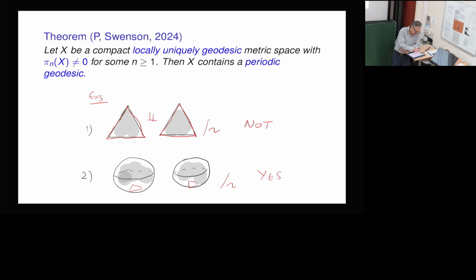This point gives a problem, right? While if I make my triangles part of a sphere and I identify them, then this is locally uniquely geodesic. So it can be singular, so to speak, but we have to have some local condition.